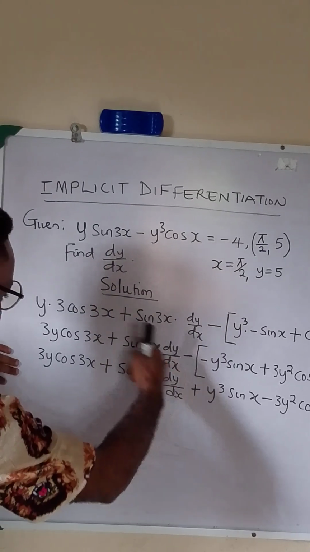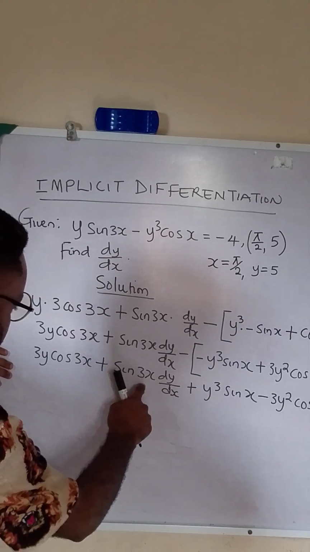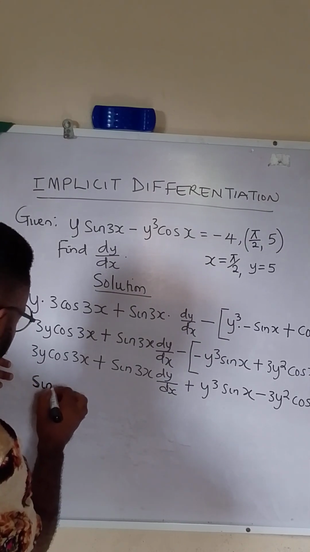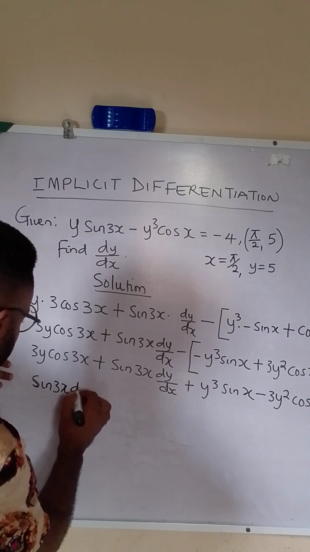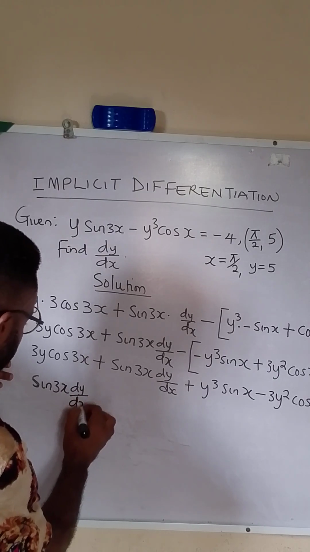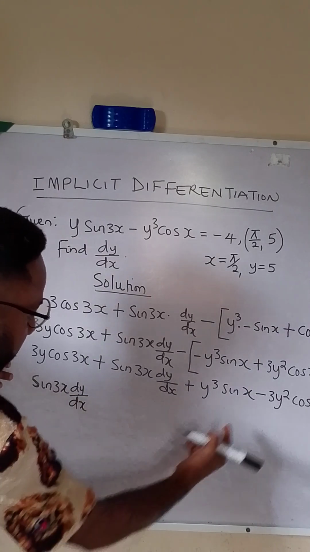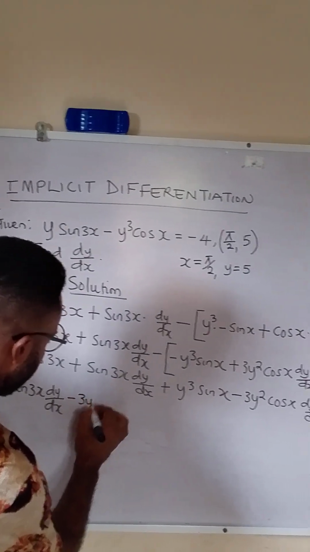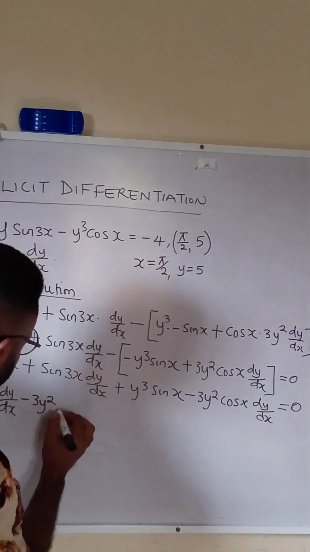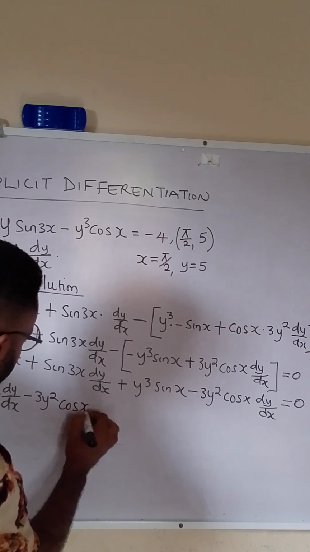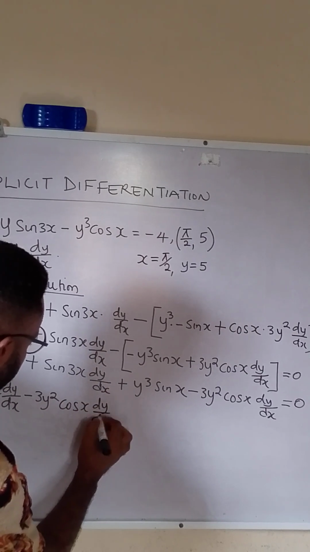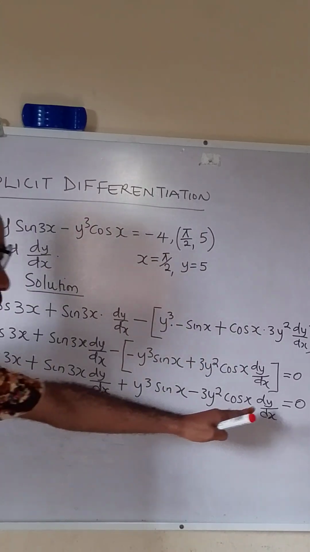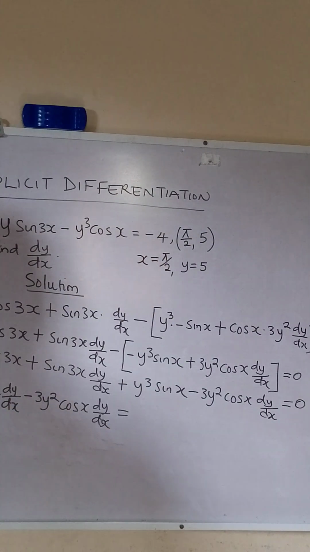So let's start with the terms with dy dx. This one is with dy dx, so we are going to have sine 3x dy dx. This one is minus, so it's going to be minus 3y squared cos x dy dx equal to, we are done with the ones with dy dx, so the ones without dy dx, we move.